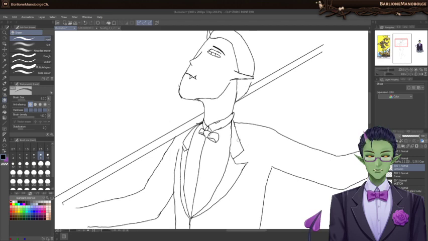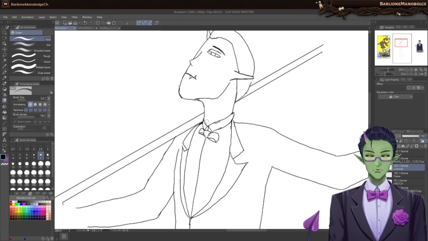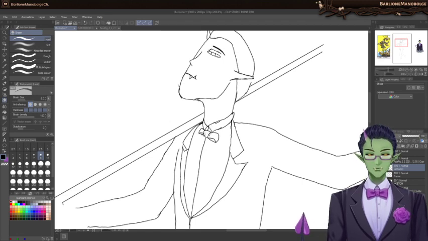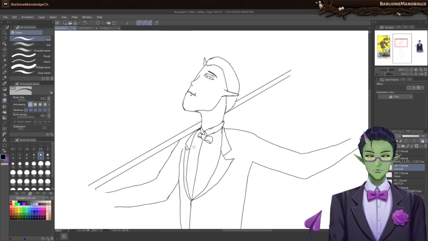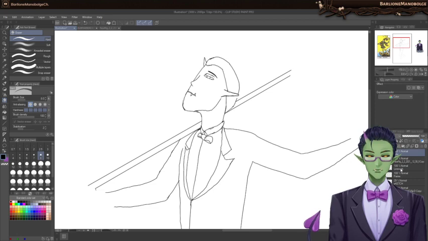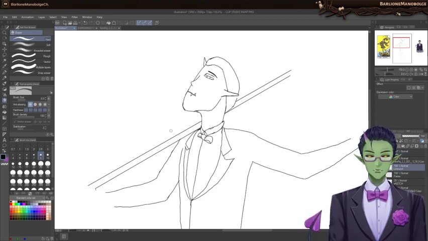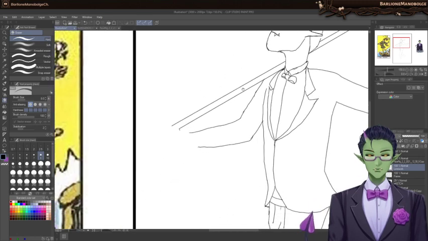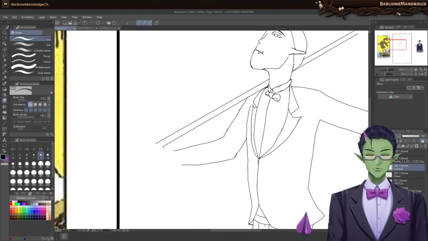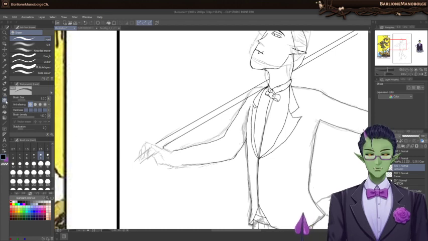Let's get rid of the sketch. Some of those lines are confusing things. There we are. Pole is properly okay. Now bringing back the sketch, and I can draw the hand.